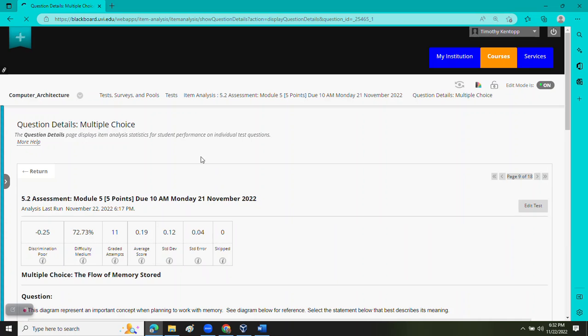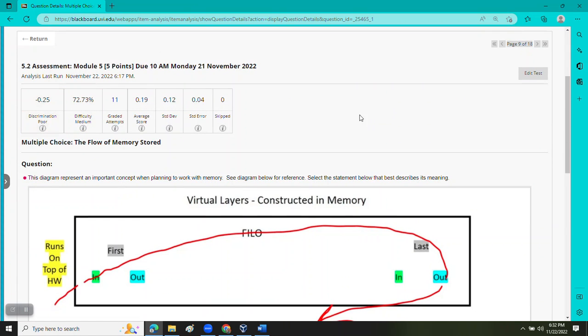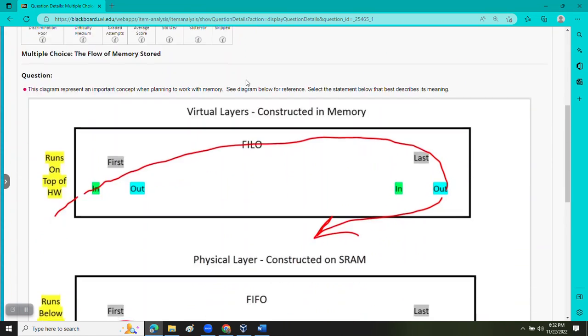The flow of memory. The flow of memory stored. So when we look at virtual memory, one thing that becomes very obvious is that there's a distinct difference in the way that some memory is stored and retrieved.